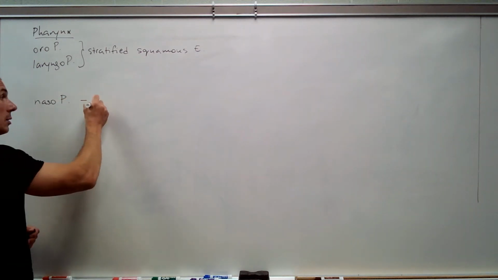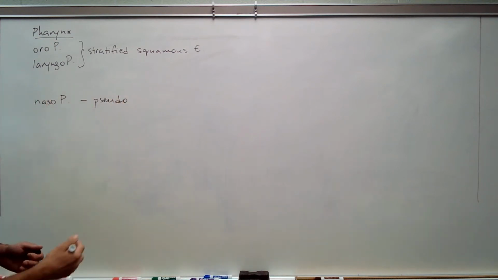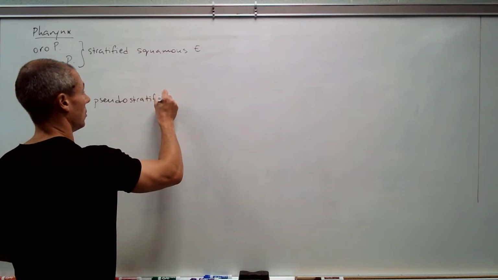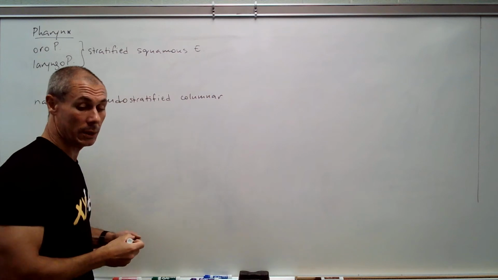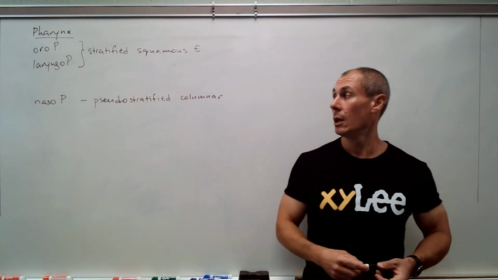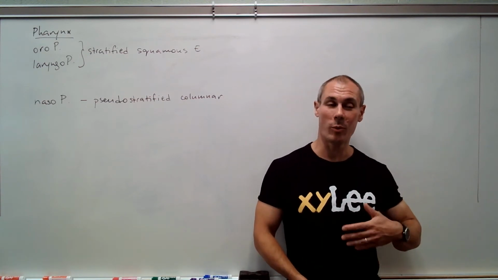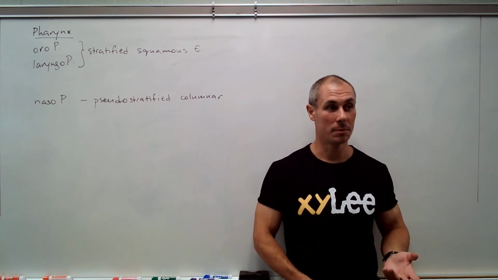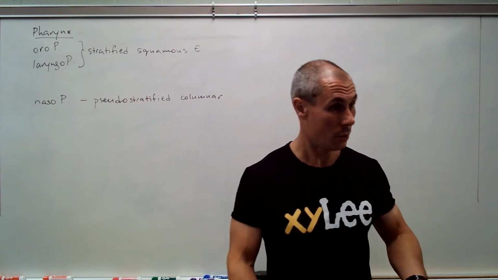It's pseudostratified columnar, so the one that is not resistant to friction, right? So totally different story. This is why, when we swallow, we try to prevent food from entering our nasopharynx and nose in general, and we're going to talk about it.